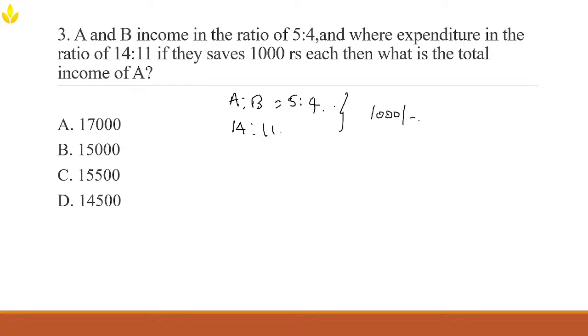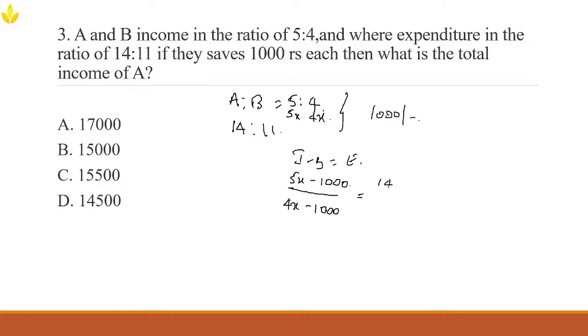The relation between income, expenditure and savings is that income minus savings will give you the expenditure. So here we can take the incomes of A and B as 5x and 4x. The income of A will be 5x, with savings of 1,000, and for B, 4x minus 1,000 will give you the expenditure ratio.